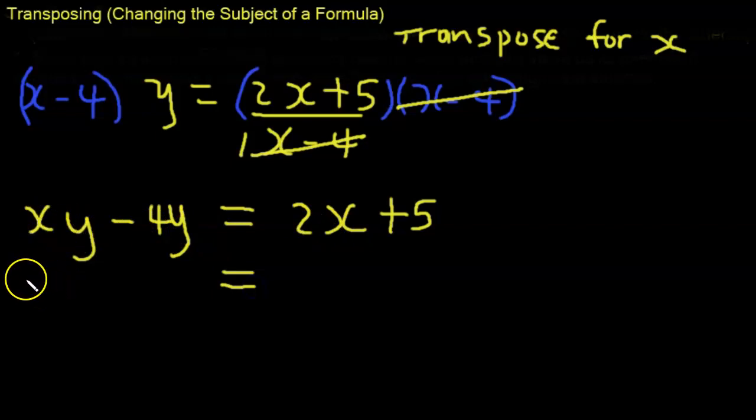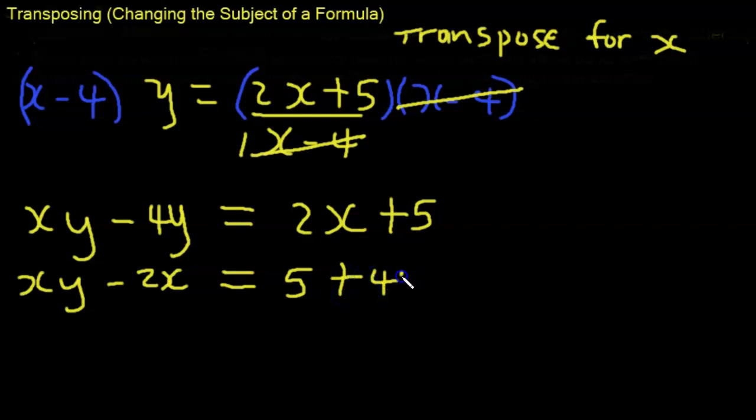So there's an X term here, XY, and there's also a term here with X. It's 2X. So negative 2X when we group it here. And on the right hand side, there was 5 over here, positive 5. The group with negative 4Y, it's positive 4Y. And since order is not important when you're adding, you could put 4Y plus 5.